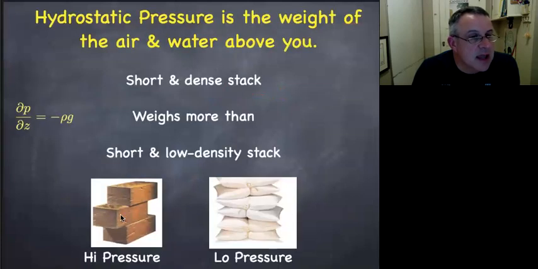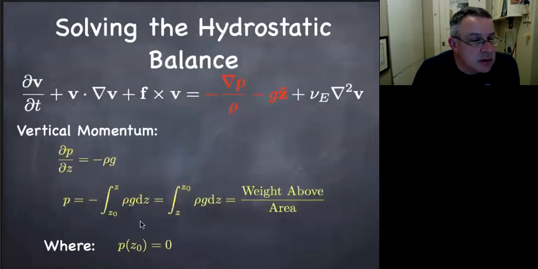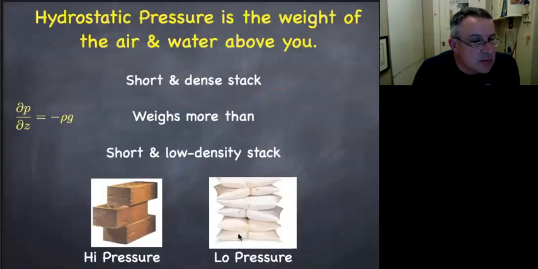In this case, there would be high pressure underneath bricks, which have high density, versus a stack of pillows of the same height, which would have low pressure because the density is small. If the density is big, the integral ends up being a lot of pressure, lots of weight above you. If the density is small, there's not so much weight above you for the same interval.